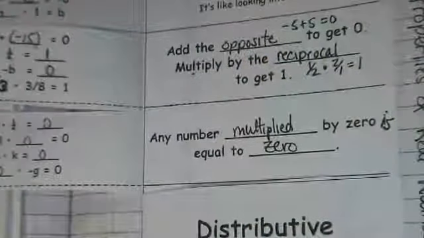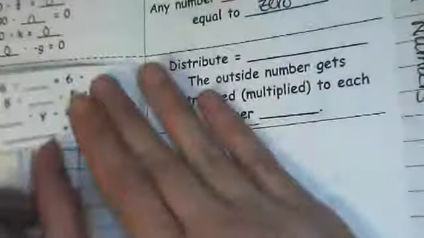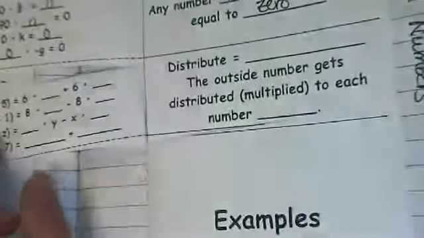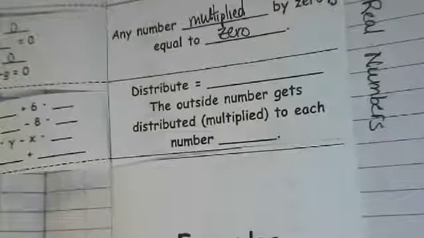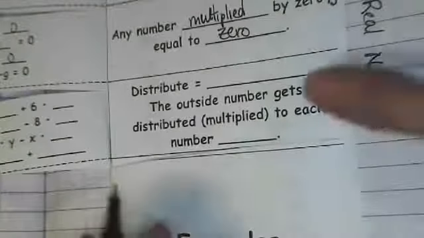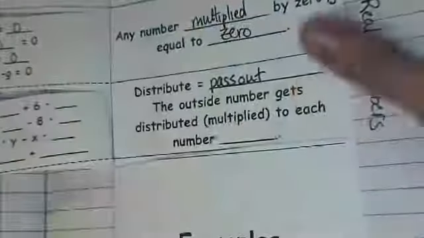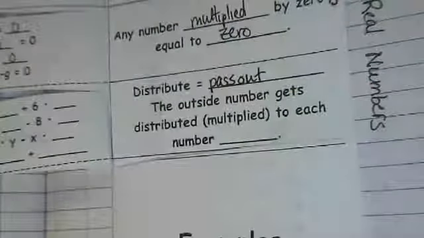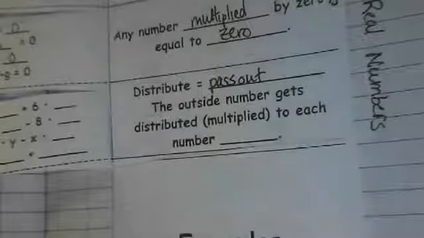Distributive property means to distribute. Like I'm going to distribute handouts to each student. Distribute means to hand out or pass out. I'm going to pass out one handout per student.